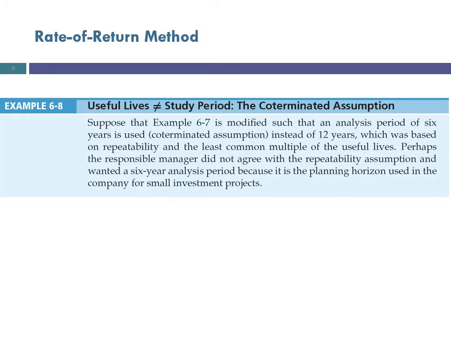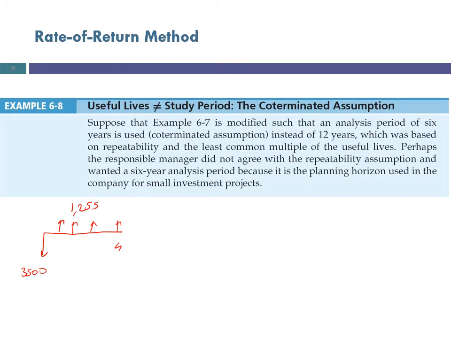So in this example, we solve the same previous example where we were comparing two projects A and B. So let me sketch the cash flow. For A, the capital investment was 3,500 and the useful life was 4 years, and we have these annual revenues of $1,255.